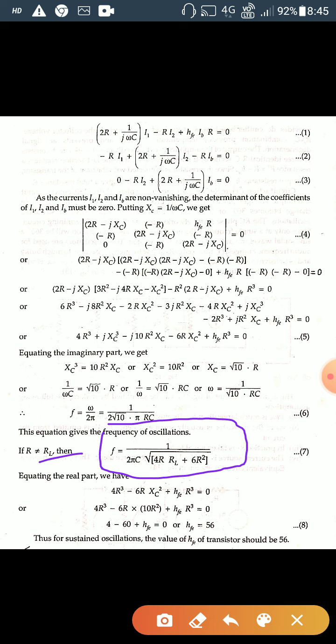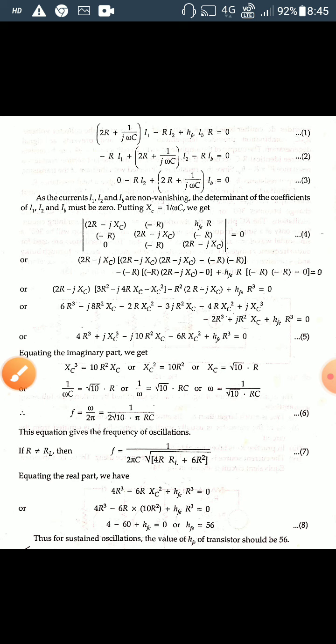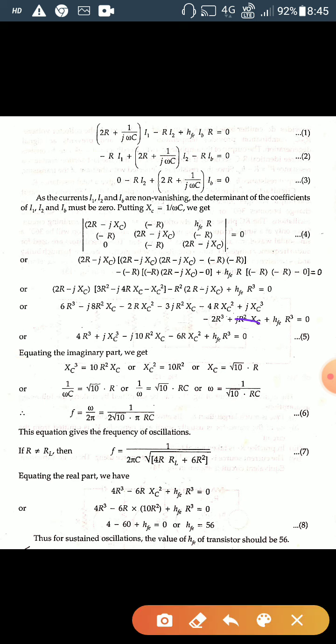The third thing is that you have to identify what criteria or condition should be fulfilled to maintain the oscillation, and that can be obtained from the real part of this equation. From this equation you take the real part, so you just omit these two sections. So this is 4R cube minus 6R Xc square plus hfe R cube is equal to 0.